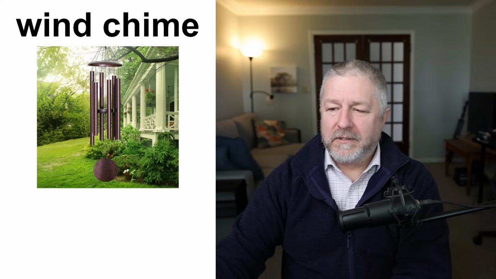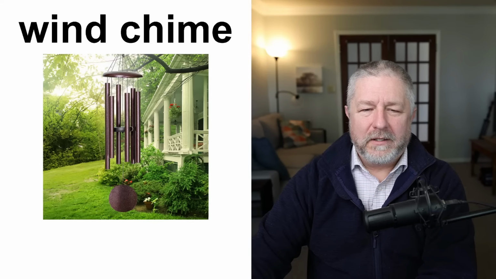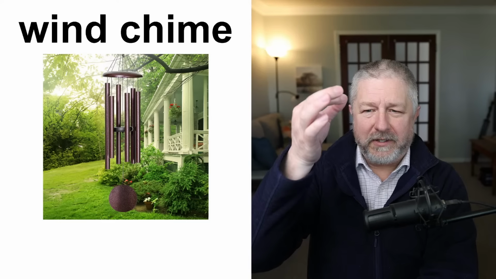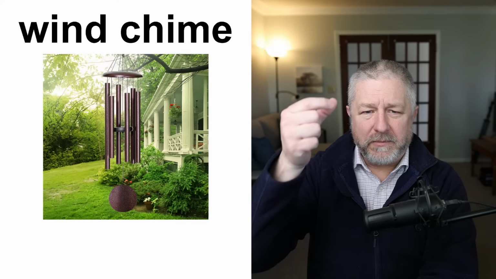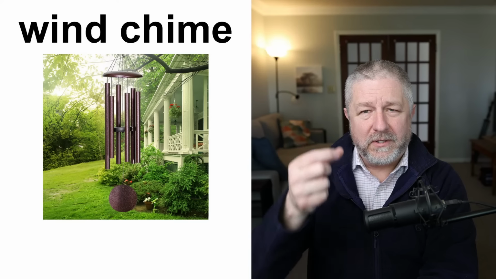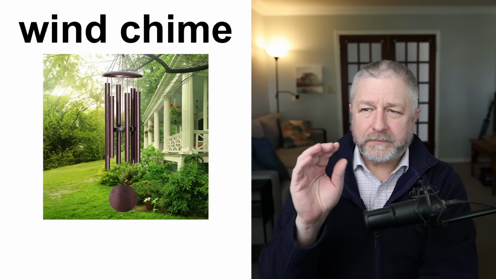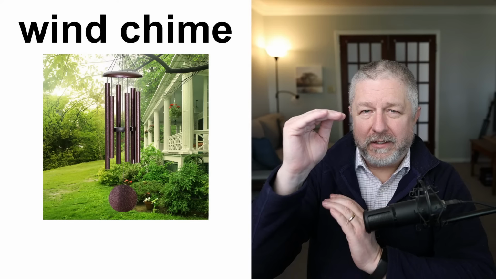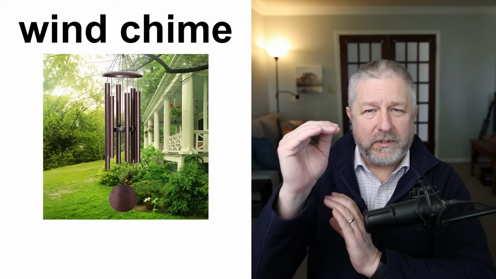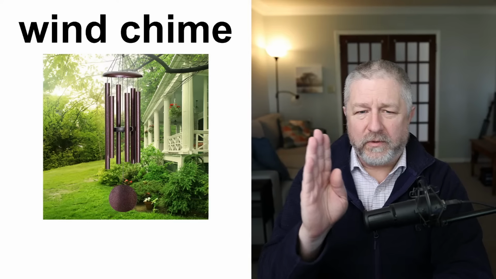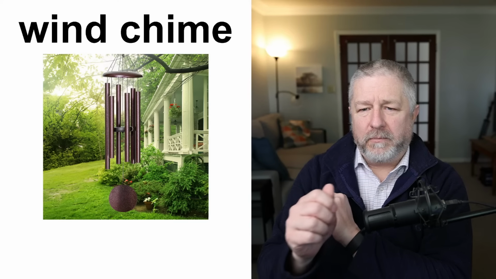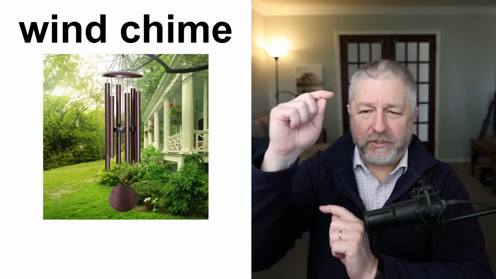Okay, wind chime. A wind chime is something that has a series of little pipes, sometimes made out of metal, or little wooden tubes. Each tube is cut to a length so it makes a certain note. When the wind chime moves, the little bottom part moves and hits all of the different tubes.